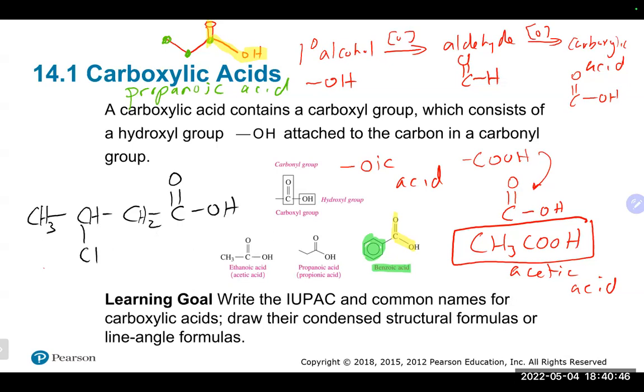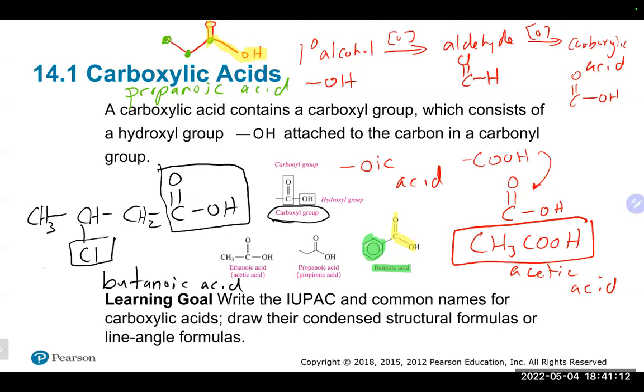Once again, if we count up the carbons, we've got 1, 2, 3, 4 carbons, which is based off of butane. This right here is our carboxylic acid or carboxyl group. It's really what it's called, carboxyl group. So I counted 4 there, so that's going to become butanoic acid.